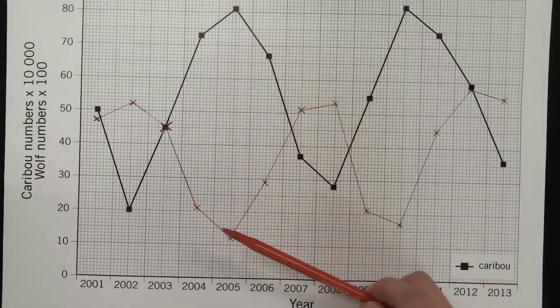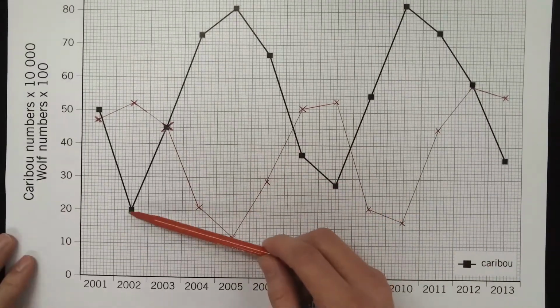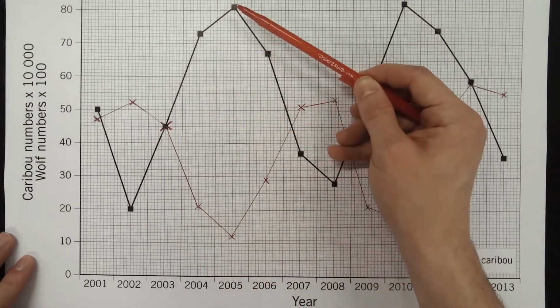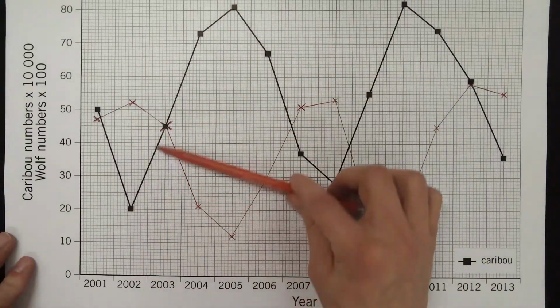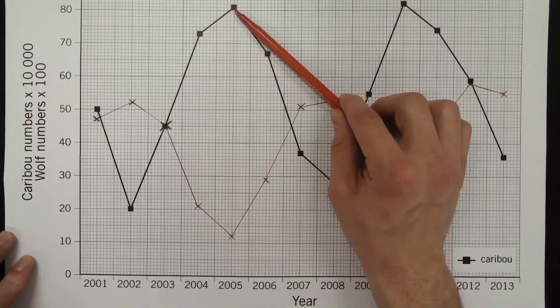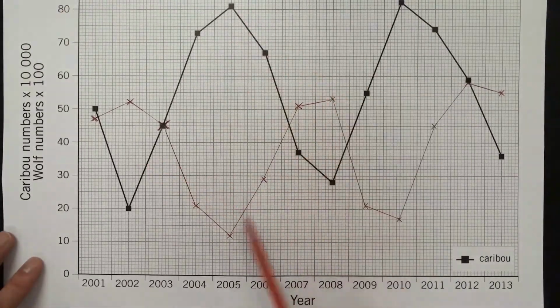So this pattern is what you see here from 2002 all the way up to 2005 here. The number of caribou has increased massively as there are very few wolves to hunt them down, to kill them, to predate on them.